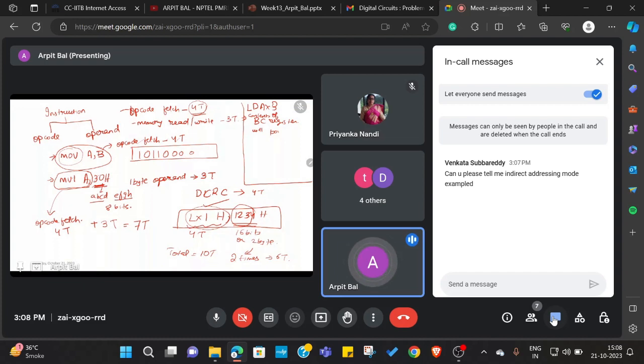That memory address will actually be containing some data, and that data will go to the accumulator, right? Because the data is not being called directly, but through the register pair, through the memory address present in this register pair. So it is being indirectly addressed, and because of that reason it is called indirect addressing mode.